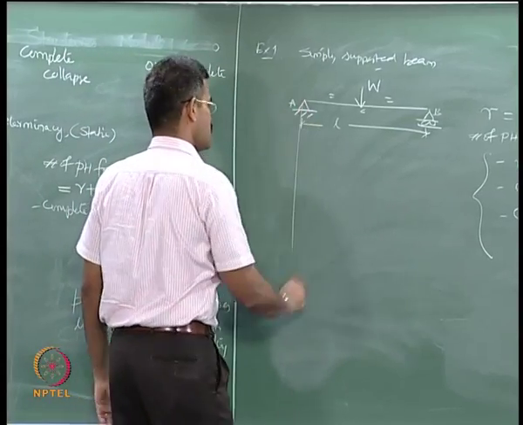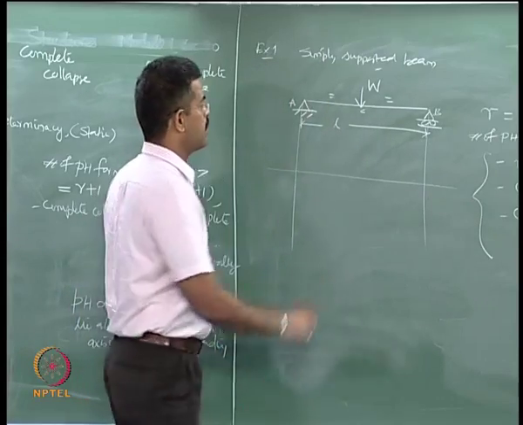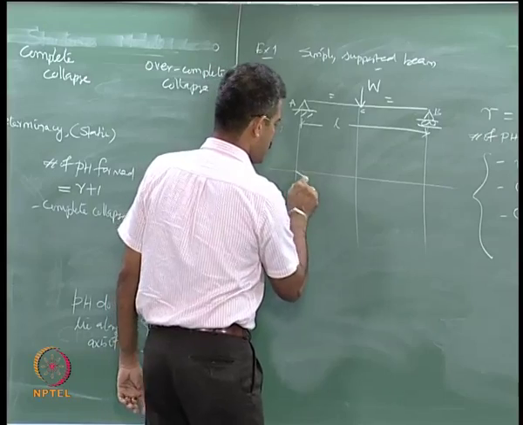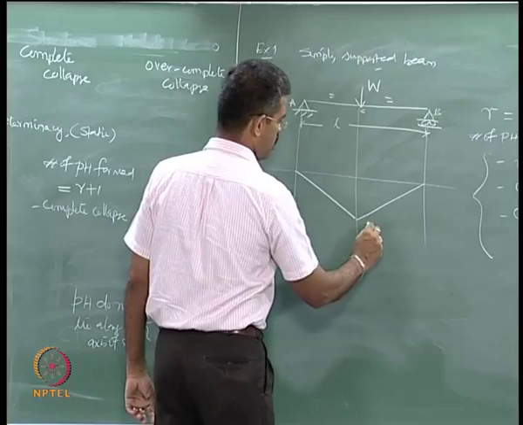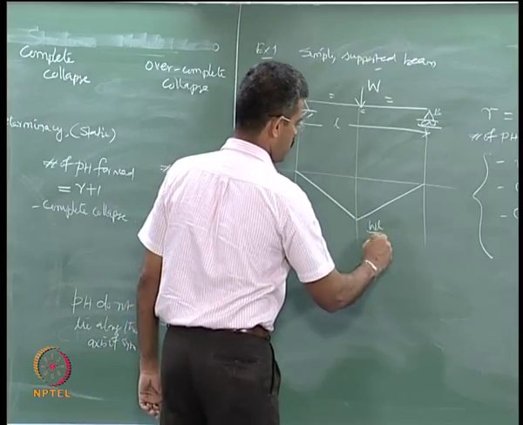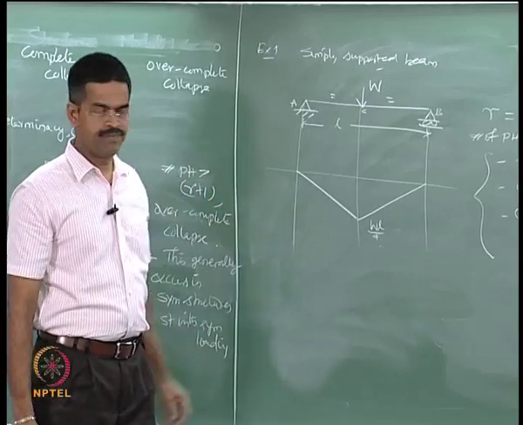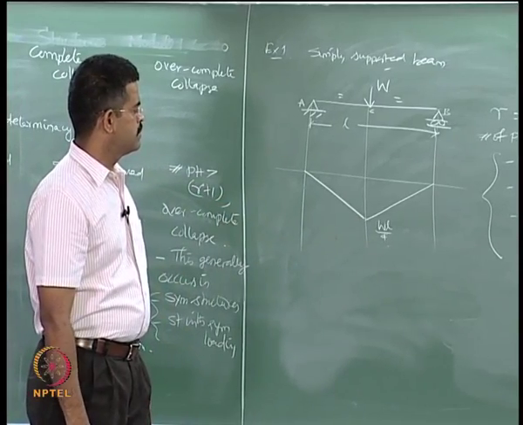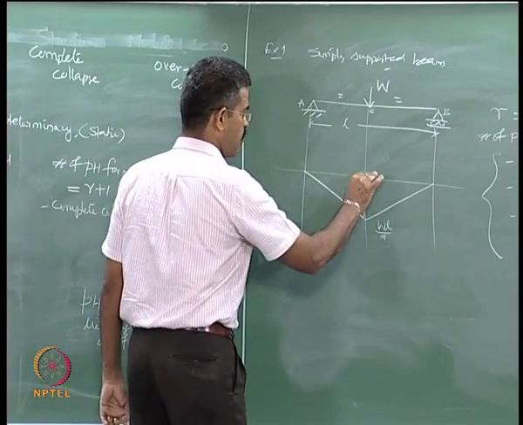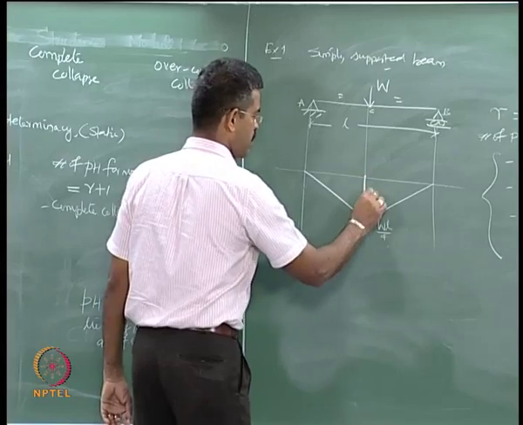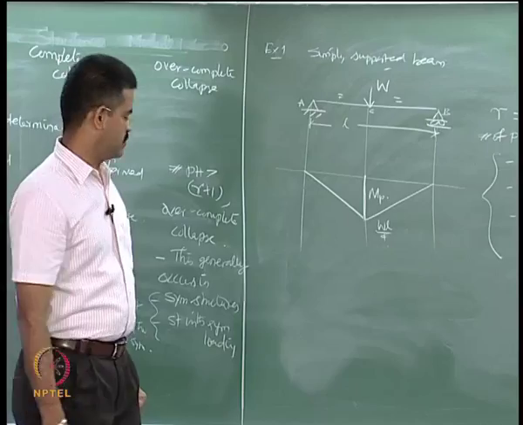The static method says I must draw the bending moment diagram, is it not? Let me draw it. It is 0 at the supports, and this value, what is it going to be? WL by 4. That is the bending moment diagram ordinate here. I understand that a hinge will form here and this value will become MP directly.